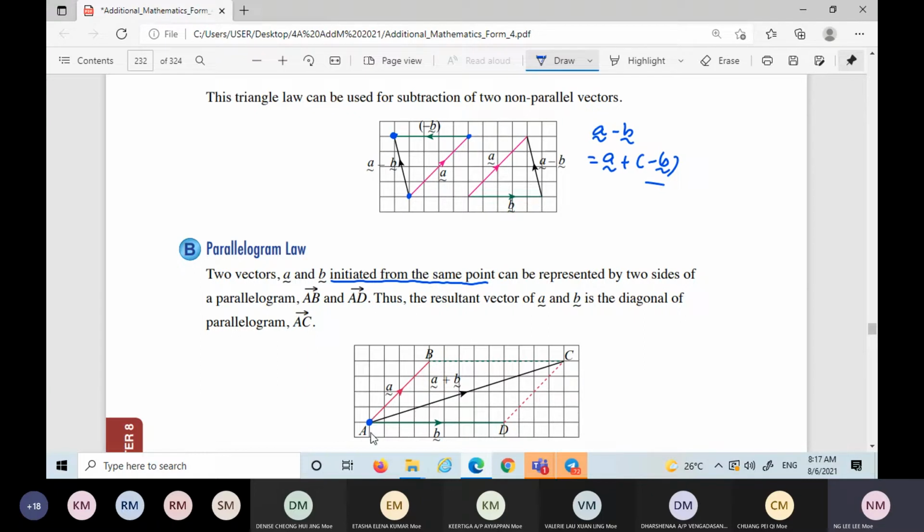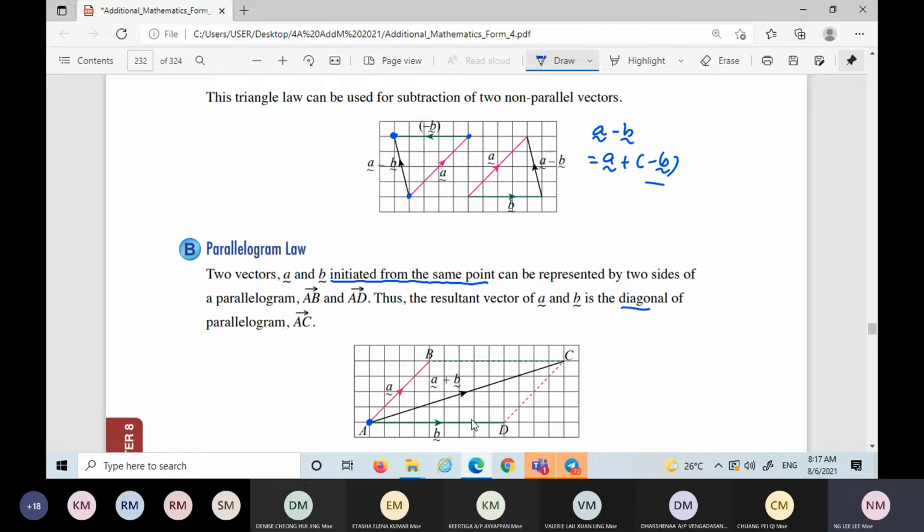Once you draw it out, you assume A and B at the starting point are two sides of the parallelogram, and then complete the parallelogram so that the diagonal of this parallelogram is the resultant vector. The resultant vector of A and B is the diagonal of the parallelogram AC.